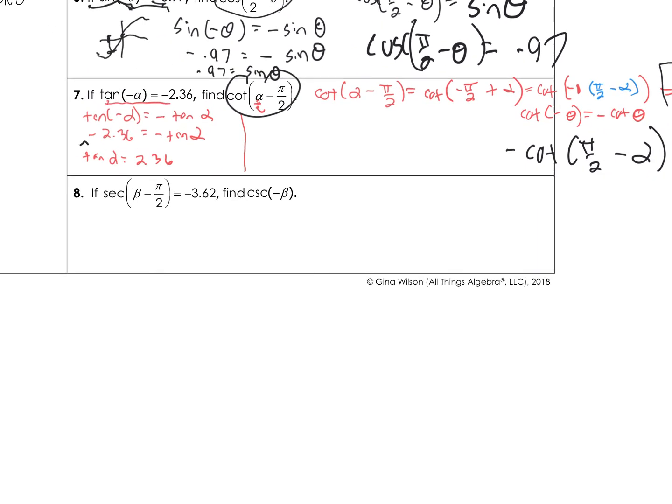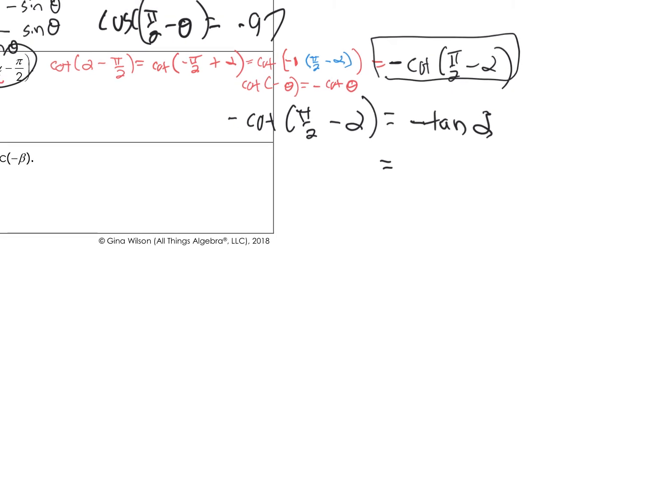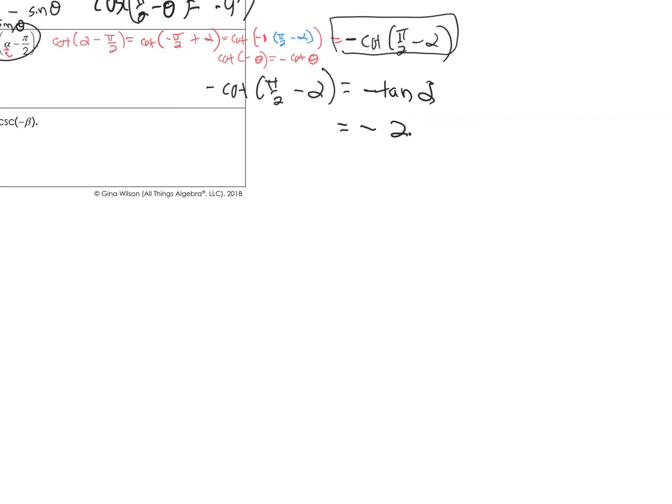Tangent of alpha was a positive 2.36. So I take that answer. Tangent of alpha was a positive, so it's a negative 2.36. Whew, that's a lot of work. I know your eyes are spinning.